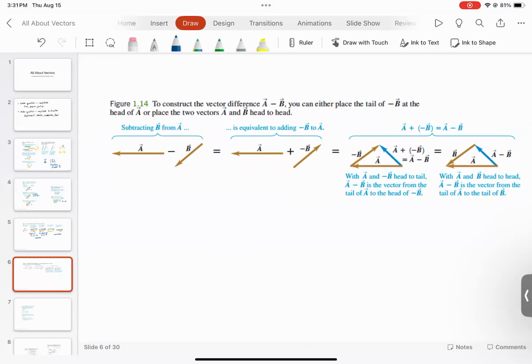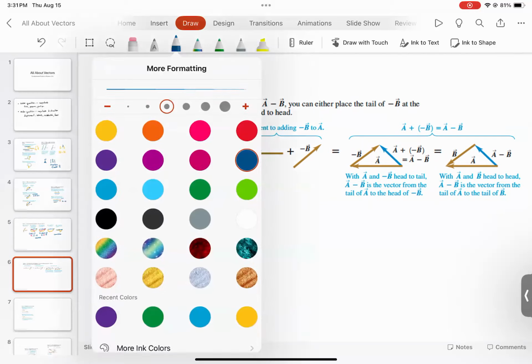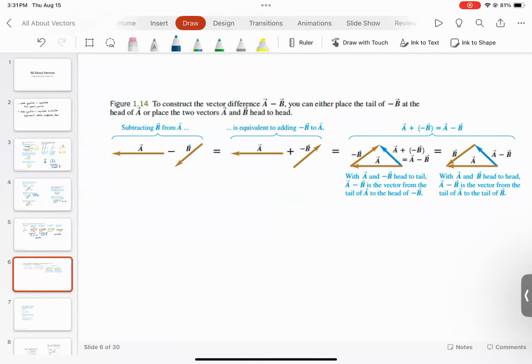Now, there's also a vector difference, not just the vector sum. To get the vector difference, we note that the negative of a vector, like vector B for example, is just vector B opposite in direction.